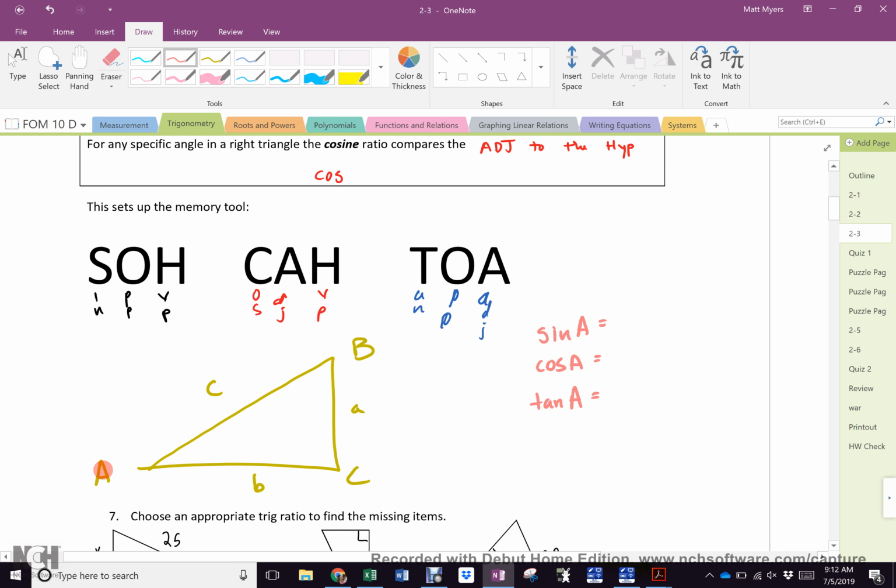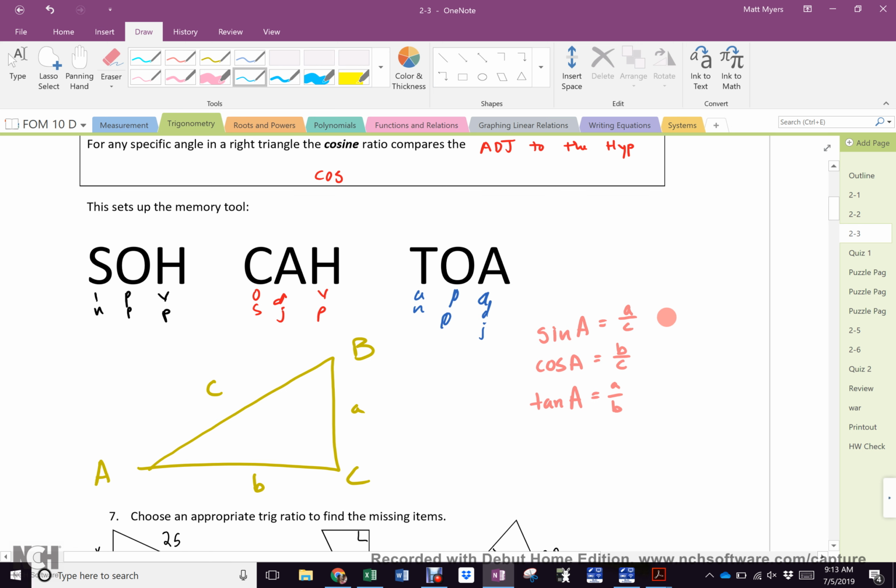What is the sine of A? A over C, because it is opposite over hypotenuse. What is the cos of A? B over C, because it is adjacent over hypotenuse. And the tan of A we already know is A over B.